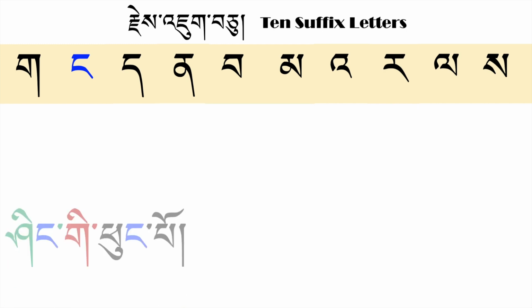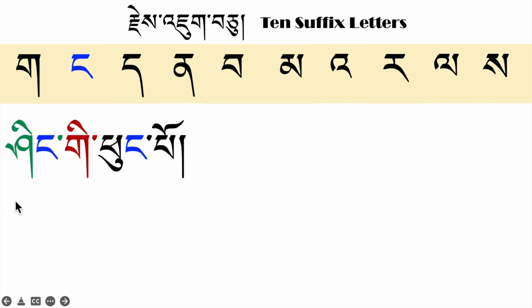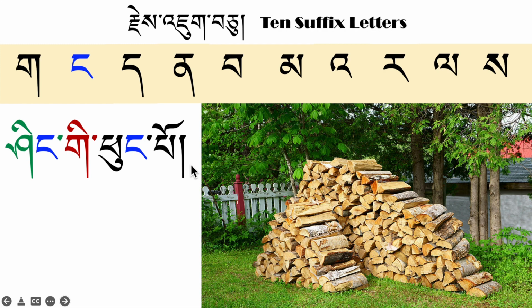Next one, shing, ga, gyugu gi: shingi pungpo. Shing is wood, gi is of, and pile is pungpo, so shingi pungpo means pile of wood.